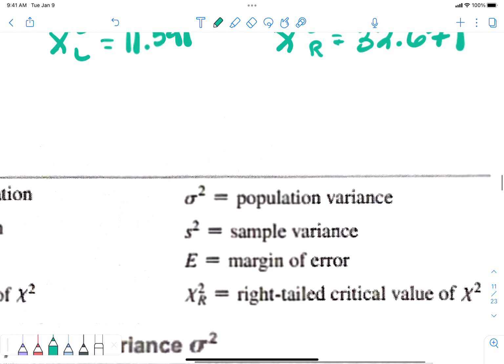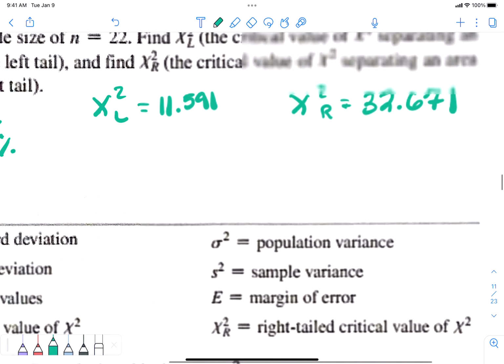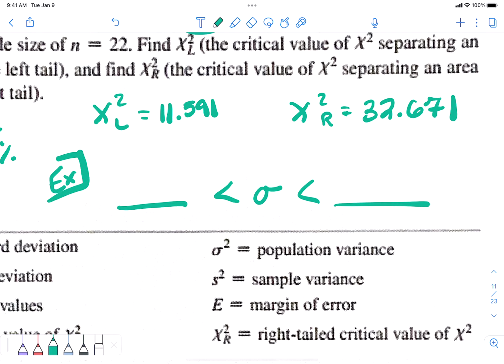Okay. We will eventually be building confidence intervals that look like this, right? And we get a number here and a number here. Let's say, just for example, I'm making up numbers here. Let's say that this guy ends up being a standard deviation of 6.5 and this guy ends up being 11.2. Let's just say theoretically that my standard deviation is between those two numbers.